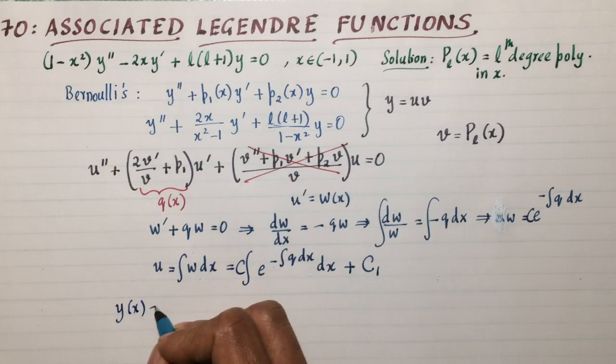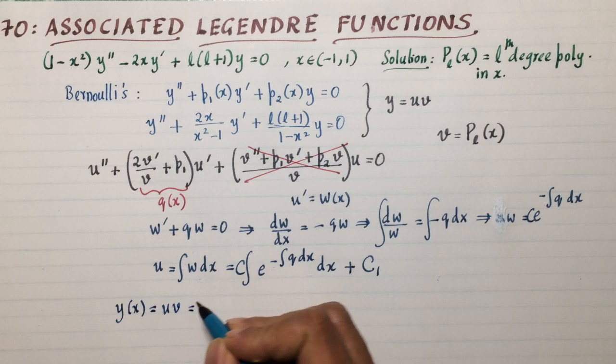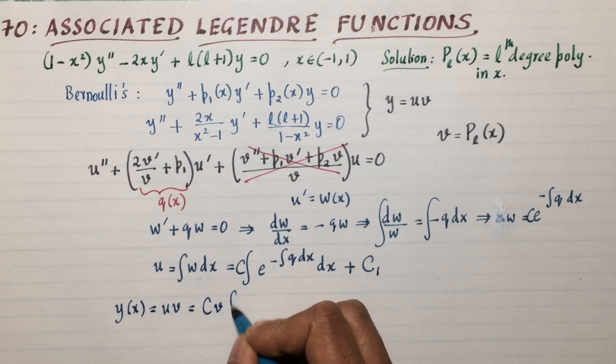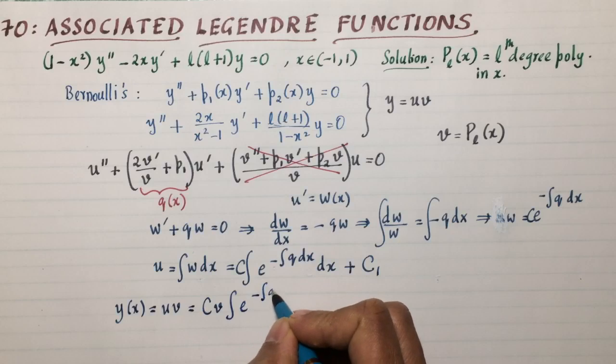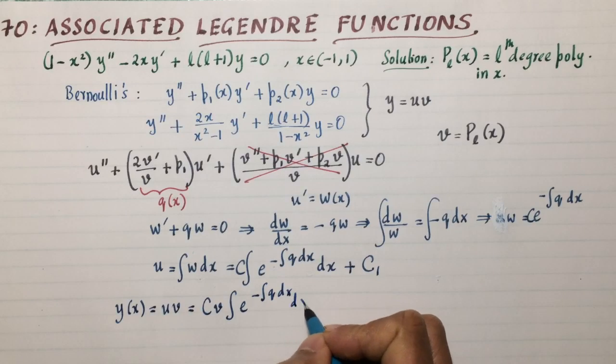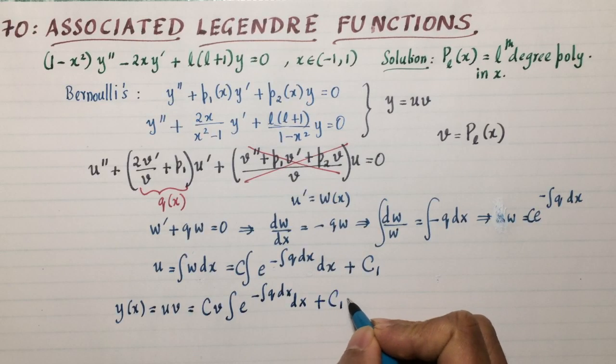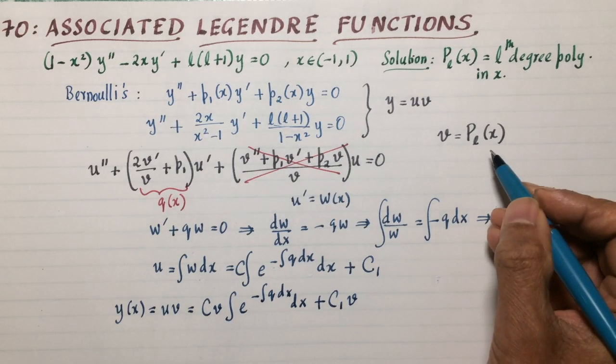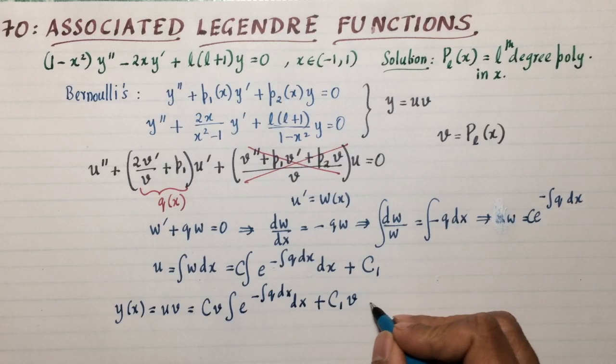x, which is equal to u times v, is c v integral e to the minus integral q dx plus c1 v. Well, what is v? V is PL x, so I'm going to substitute that.